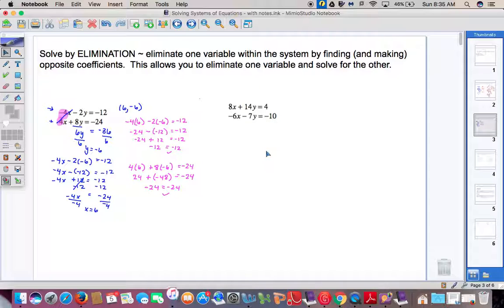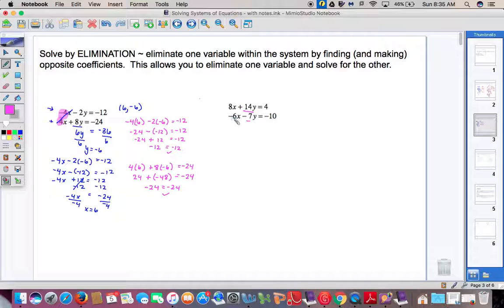If I look at this closely, the best relationship that I have is between this negative 7 and this positive 14. Because I need opposite coefficients, I just need to make them, and I can do that by multiplication.